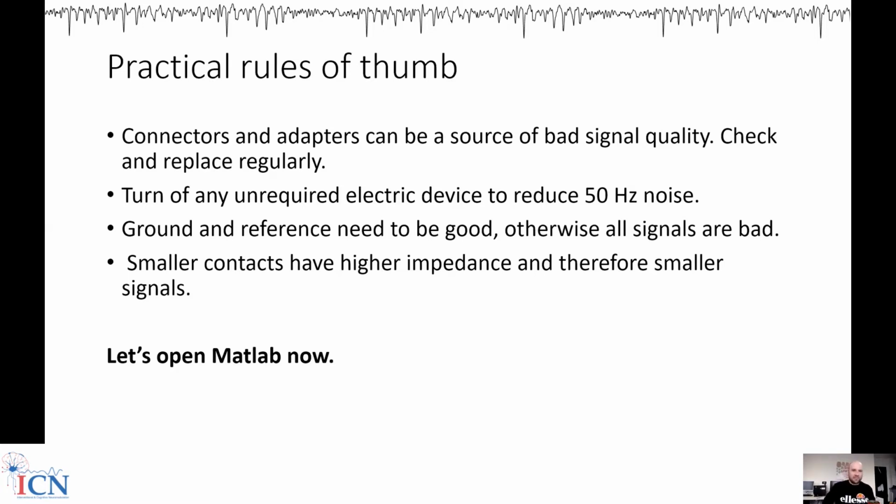No, so I personally have bad experience with losing the reference, and then the whole recording is gone, basically. Yeah, I mean, if you record with the mastoid as a reference, you definitely need to re-reference, because otherwise, when you look at our data at first glance, they look very similar because the mastoid signal is simply stronger.